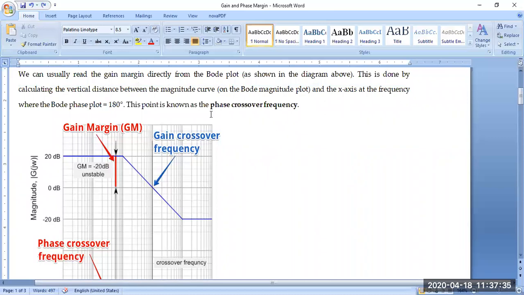See how to find out gain margin directly from Bode plot. This is done by calculating the vertical distance.